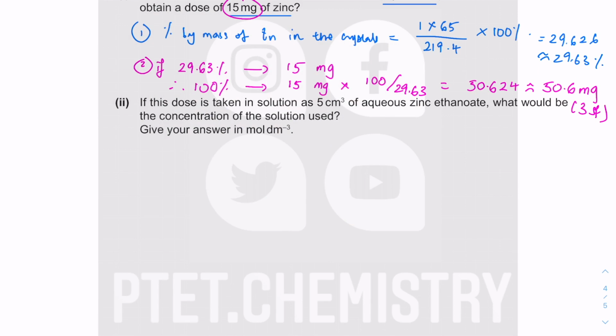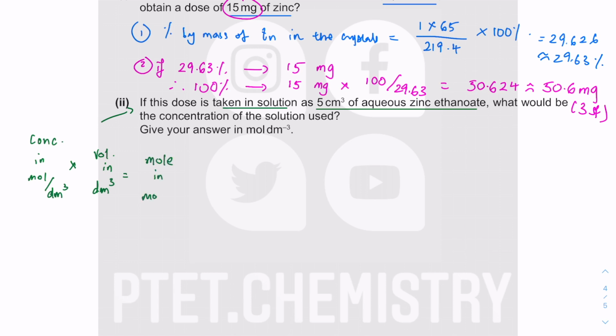So instead, if you don't take it as a solid, you take it as a solution, you have 5 cm³ of the aqueous solution. By this stage, you would have done concentration in mole per dm³ times the volume in dm³ is equal to mole.